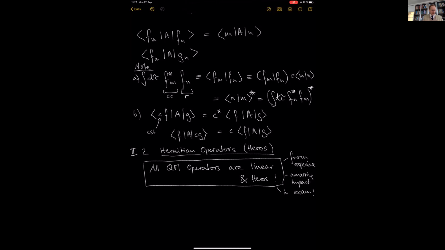Now, what does this mean, linear and Hermitian? I throw these words at you, and you might be saying, well, I don't know what he's talking about. I presume you know what an operator is, and more or less have an idea what I'm referring to when saying QM, but what is a linear operator, and then what is a Hermitian operator? So a linear operator, that's the easy part. What is linear?